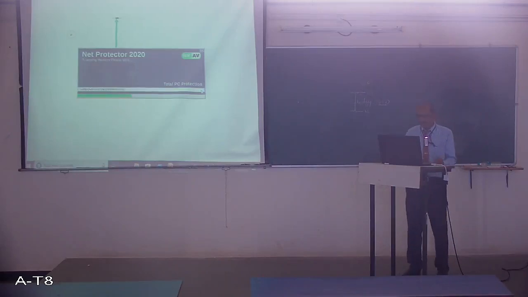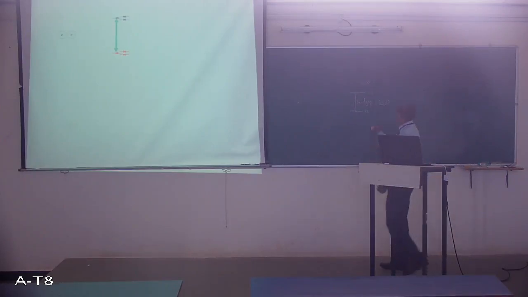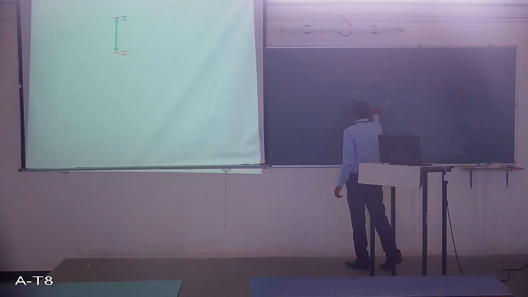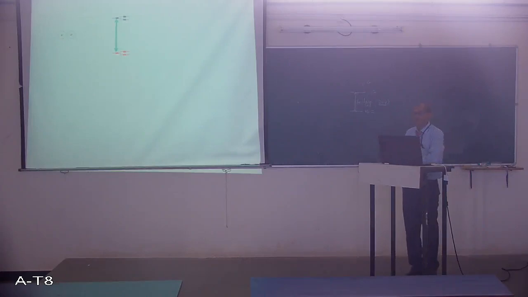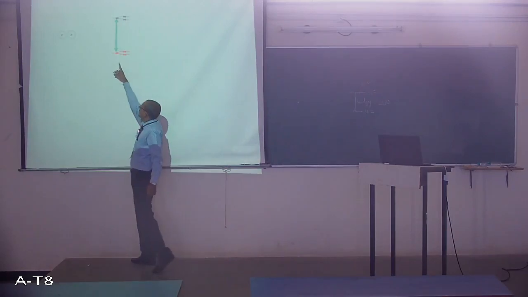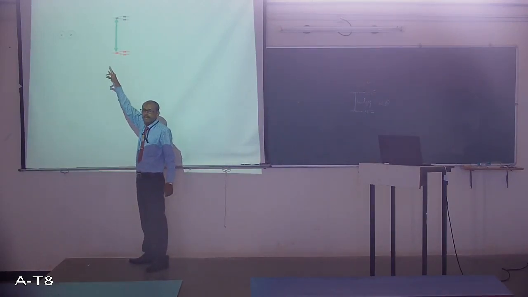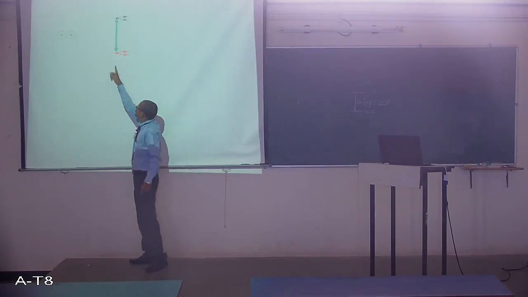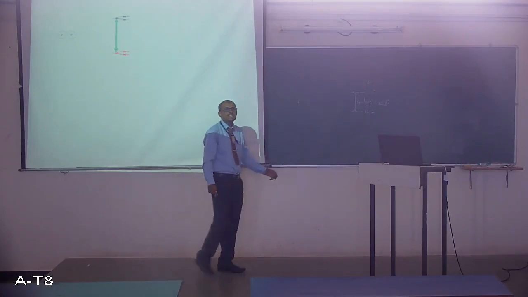If you take 2 atoms, what happens actually here? In the valence band, we will get 2 energy levels, and even in the conduction band, we have 2 states. If you take 1 atom, we have 1 level in the valence band and in the conduction band. But if you take 2 atoms, this 1 level is split into 2 levels, 2 energy states.